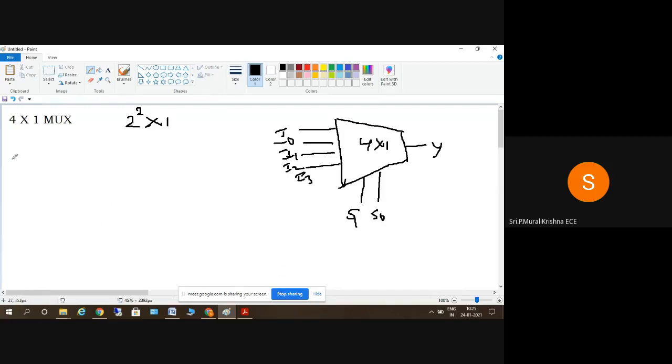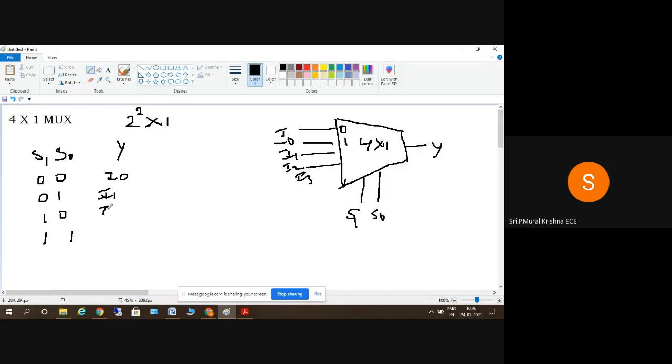Okay, and the truth table will be like this. For one selection line, there are 2 possible input combinations; for 2 selection lines, 4 possible: 0 0, 0 1, 1 0, 1 1, and the values of Y will be like this. For 0 0, I have to select I0 as output here. If it is 0 1, I'll select I1 as output.